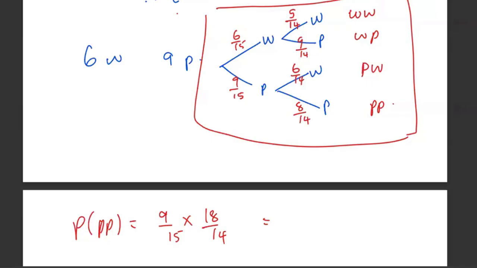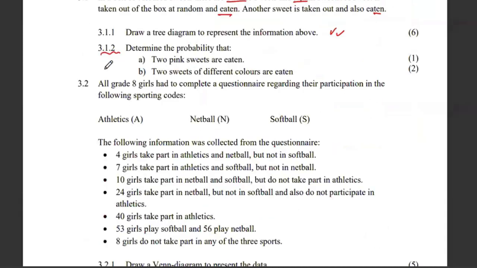So what that is going to be is 9 over 15 times 8 over 14. And that becomes 12 over 35. Or you can give it as a decimal as 0.34. All right, then part B, 2 sweets of different colors.